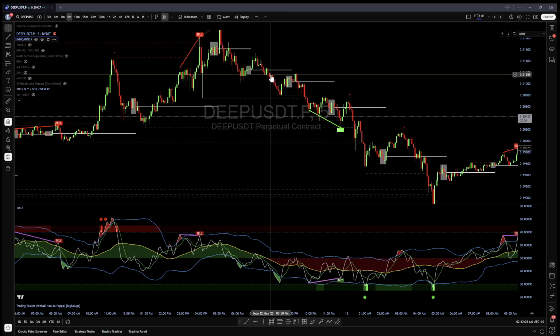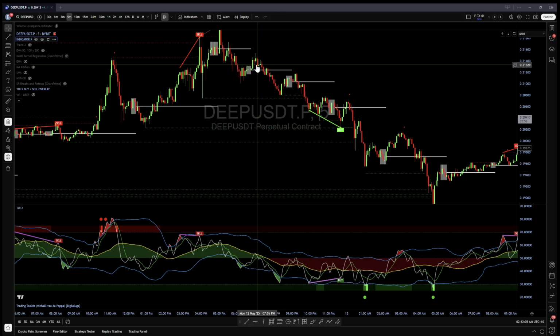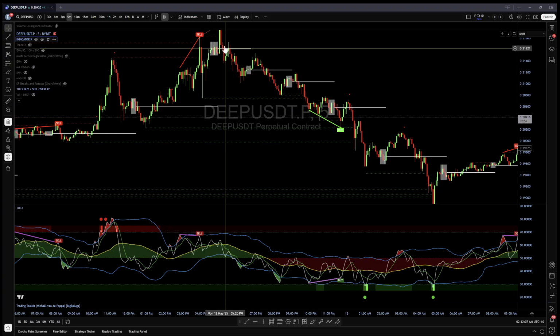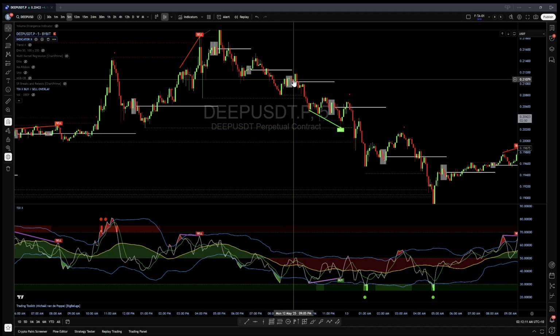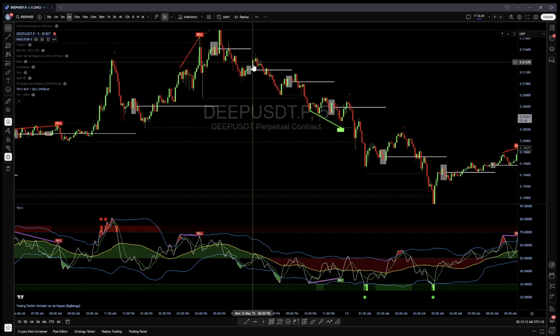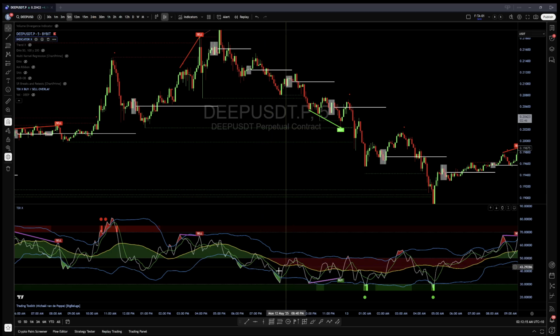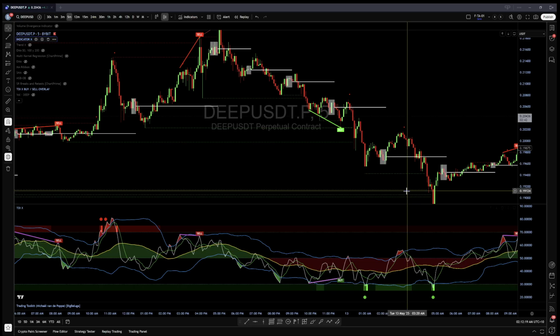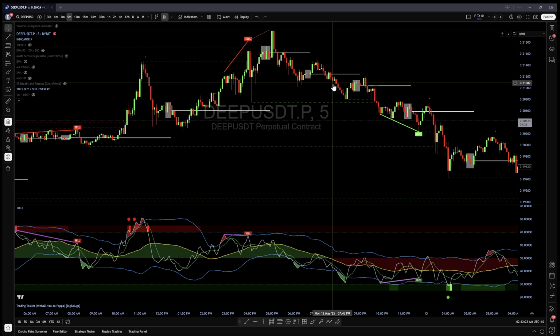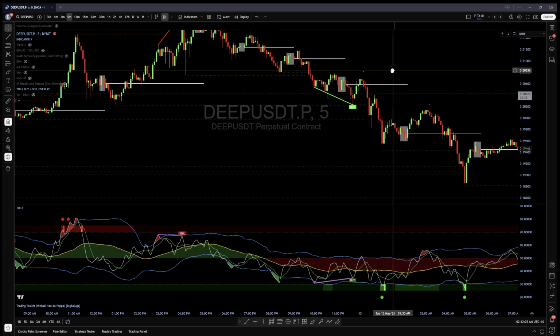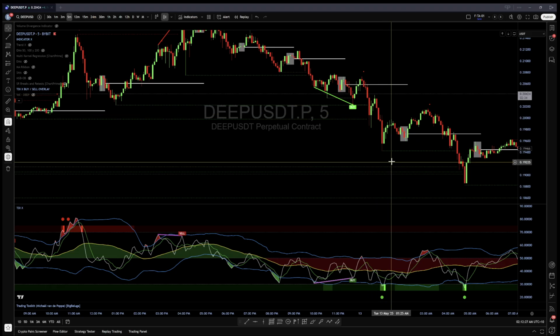So if you entered a short here somewhere, or even up here, and then just rode it, you could have taken profit on one of these bars, or when there was an opposing shark fin. But what I like to do too is, okay, I'm in profit, and then a big dump candle happens.